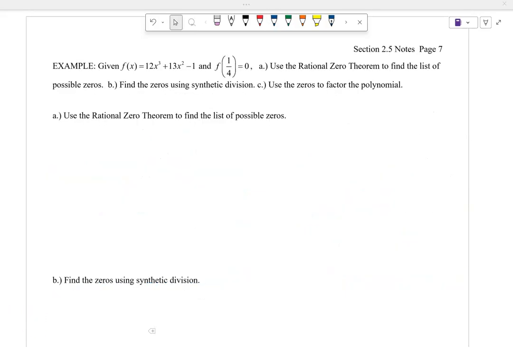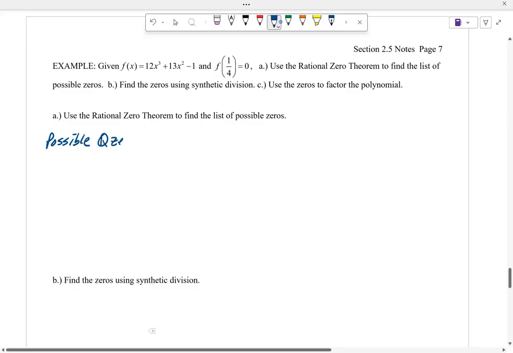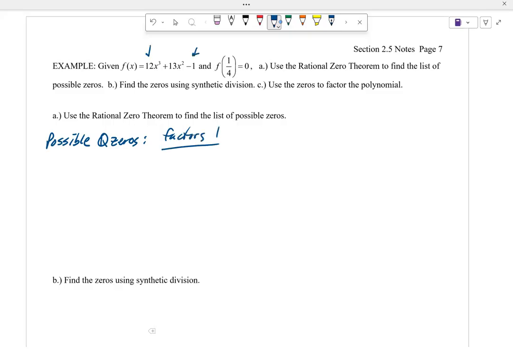All right, here we've got a third degree, 12x to the third. Let's list our possible rational zeros, factors of that -1 on the end, over factors of 12. So we got plus, minus, 1.